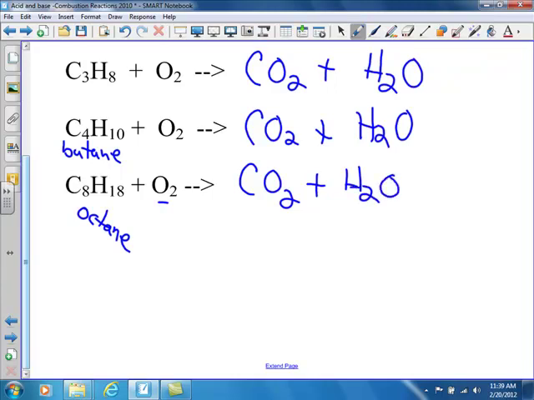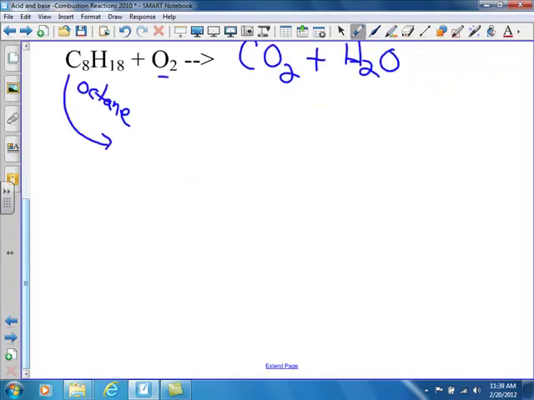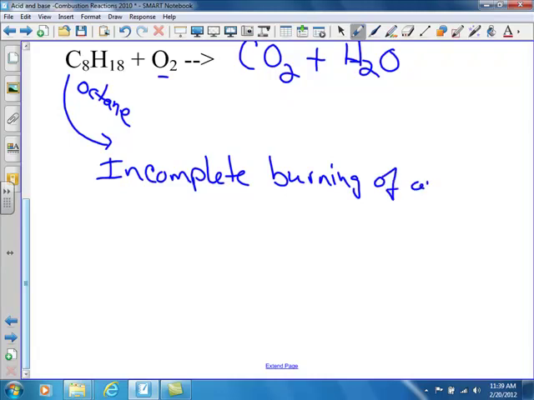Now, one of the things that happens, and they always talk about, is there is a process where you could get an incomplete burning of any one of these gases, and an incomplete burning of any hydrocarbon will actually produce carbon monoxide.